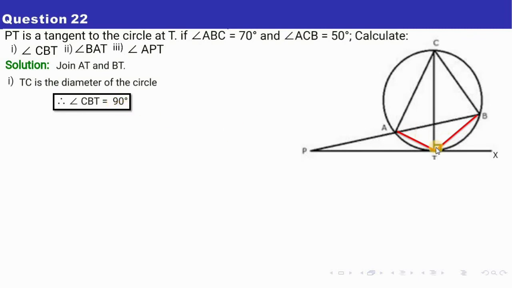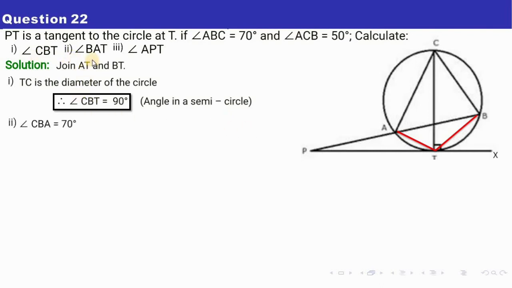Why? Because this is the angle in a semicircle, right? TC is the diameter, so this becomes your semicircle. We need to find CBT, this whole angle, and it becomes 90 degrees because it is the angle in a semicircle, which we have learned in our circles chapter. So we have found our first answer.